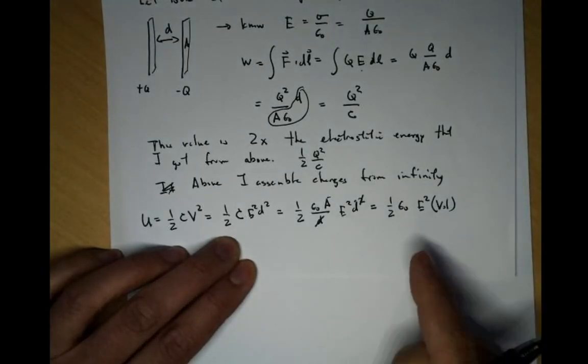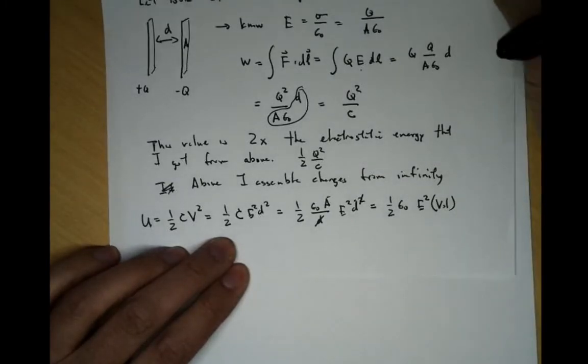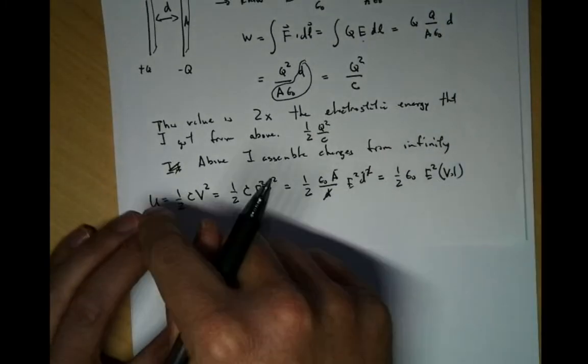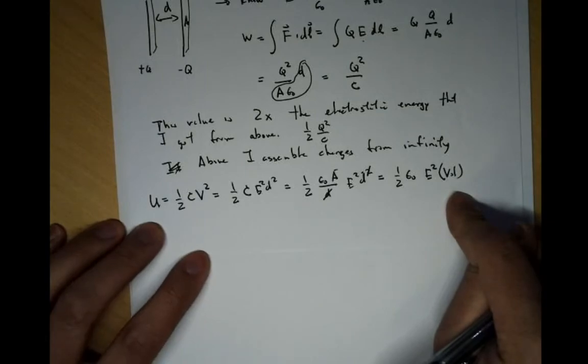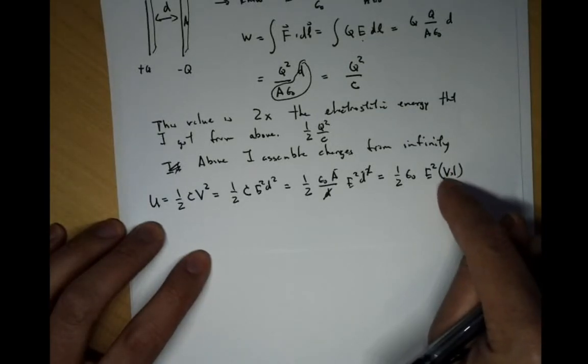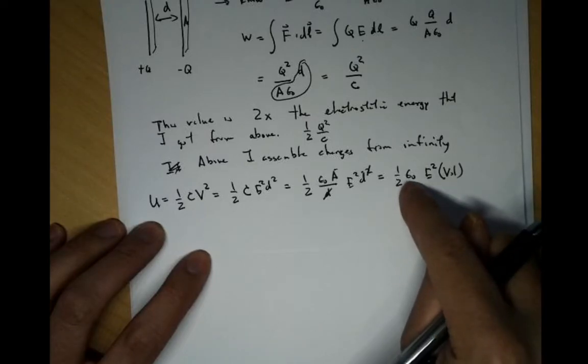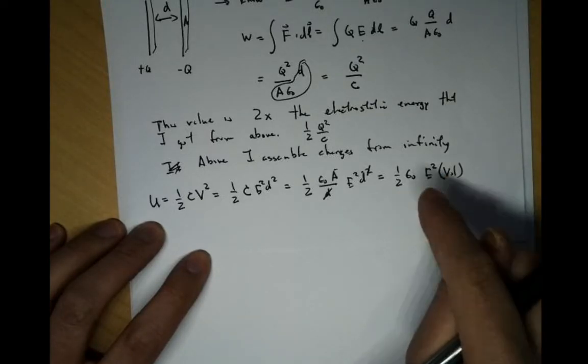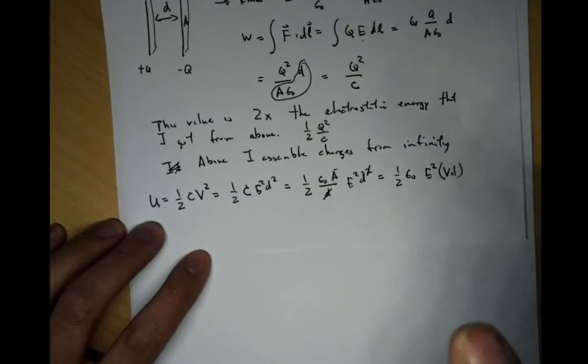And what's interesting about this is that the left side has units of energy, and this has units of volume. Which means 1/2 epsilon E squared has units of energy divided by volume, or energy density.